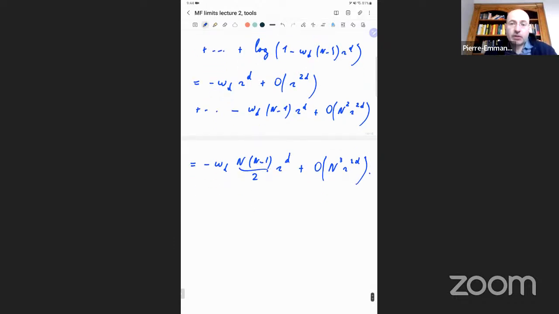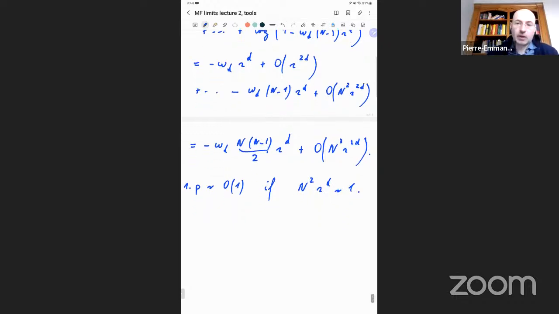And so you see this other scale coming up, which is such that this n square rd is of order 1, because that's the scale you want. So p is going to be less than 1, so 1 minus p is going to be of order 1 if n square rd is of order 1.